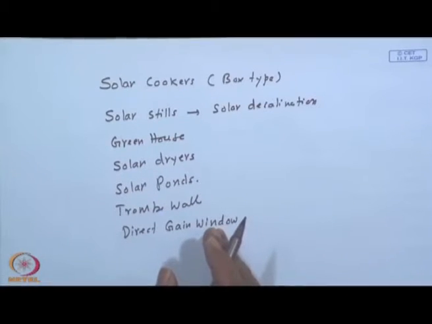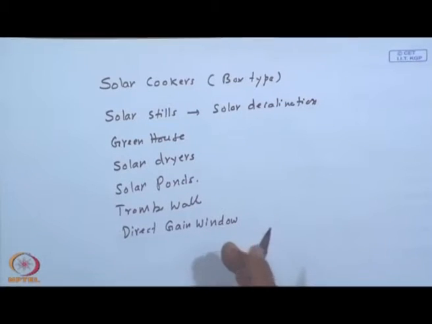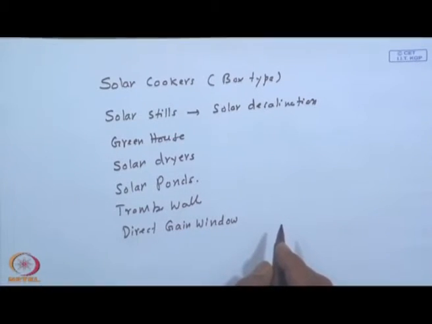It will work in the afternoons or in the mornings, allowing the sun to enter, the window glass being transparent to solar radiation and non-transparent to the re-radiated infrared long wave radiation. The energy is trapped in the room. So, that is a direct gain window.